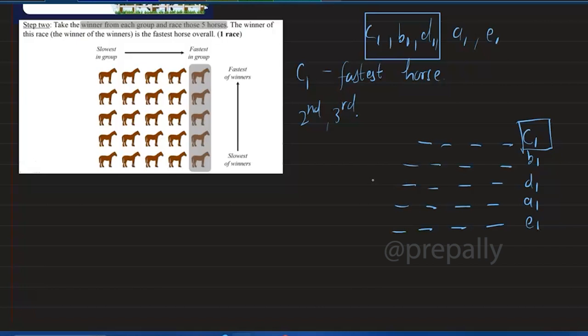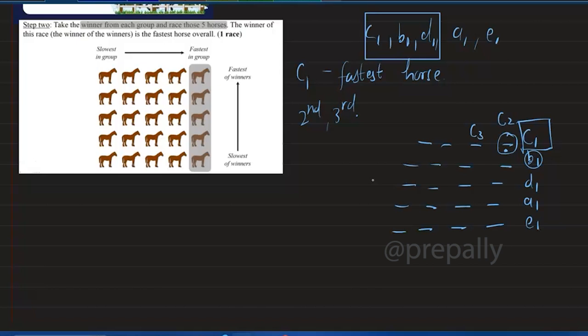Now we need the second one, but what we have seen is that this horse here could potentially be faster than this horse. So C2 could be faster than this. In fact, even C3 could be faster than this because these three could very well be your top three.